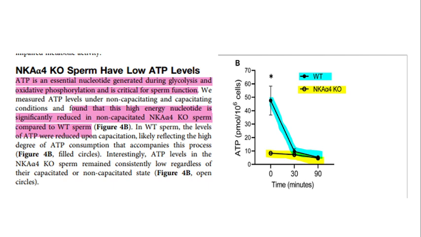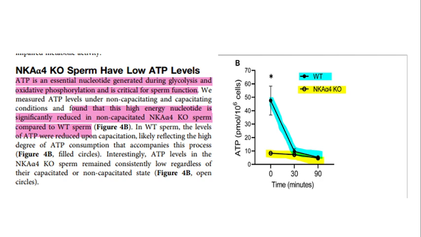Also, you see in this graphic that they found that the knockout one, that doesn't have alpha 4, doesn't have exactly an ATP consumption. So ATP is not really well consumed by the rats that don't have the alpha 4. You can see this in yellow.